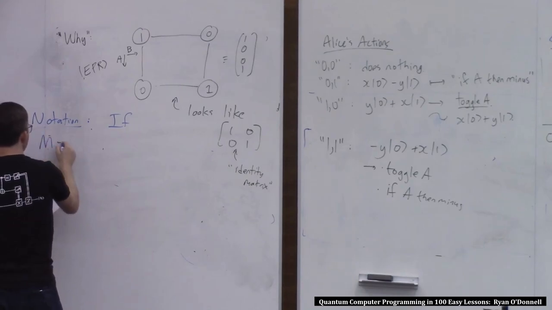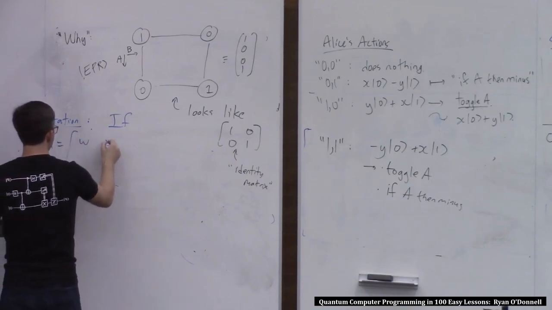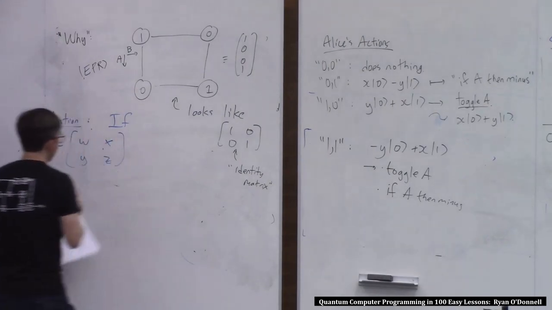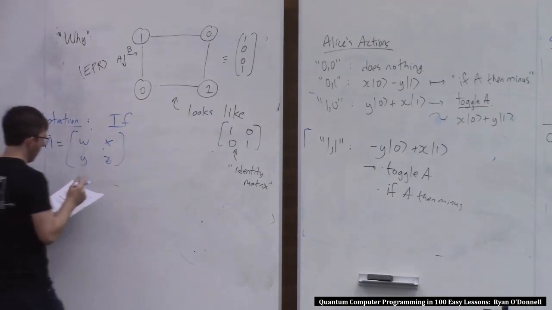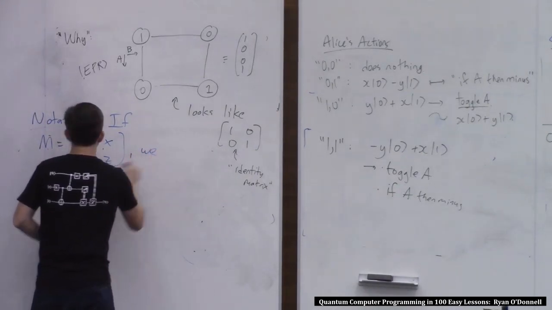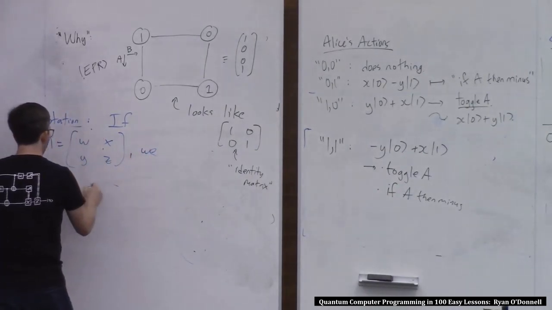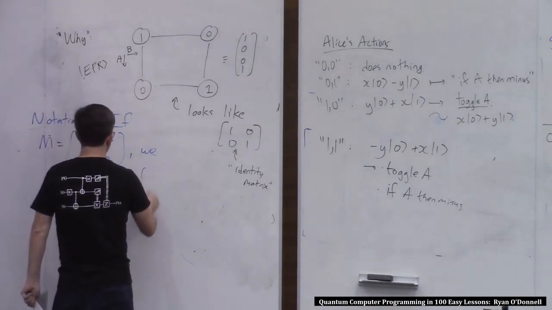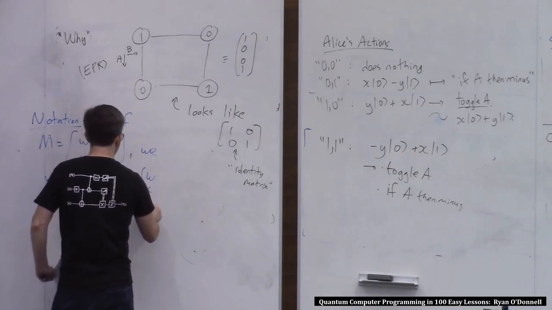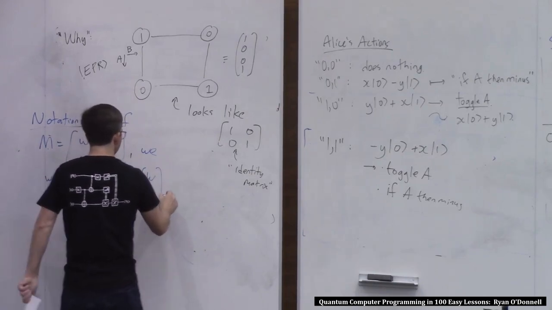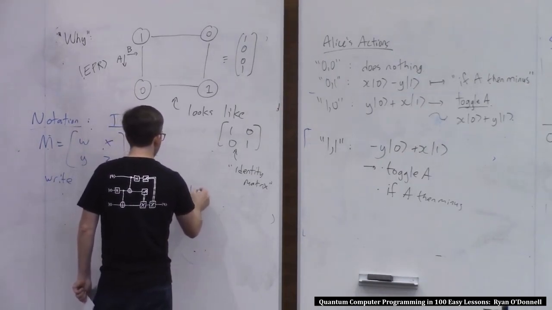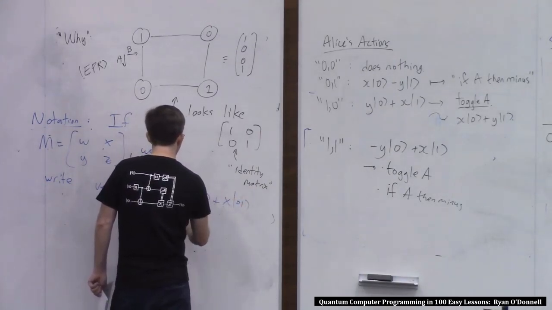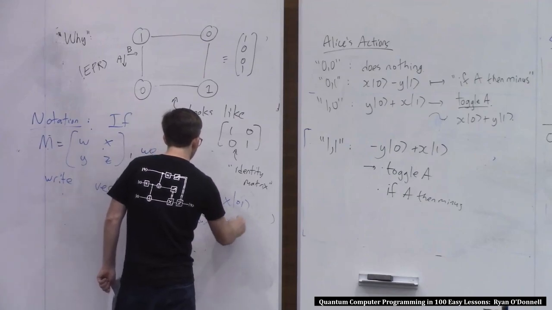If you have a 2x2 matrix M, with entries W, X, Y, Z, well, any matrix, we write vec M for this vector W, X, Y, Z, or equivalently, the 2-qubit state W|00> plus X|01> plus Y|10> plus Z|11>.